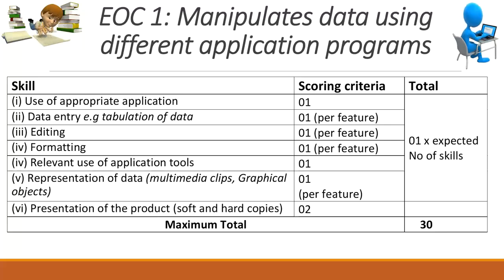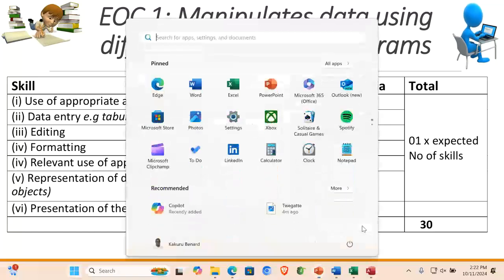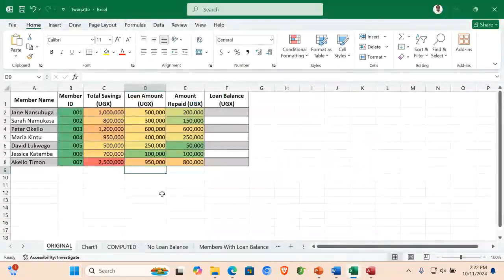Then representation of data, I've said if it is PowerPoint, multimedia, animations, transitions, sound, images, videos, all those are multimedia clips. Then if it is Excel, there is graphical data. You have generated a graph in Excel.